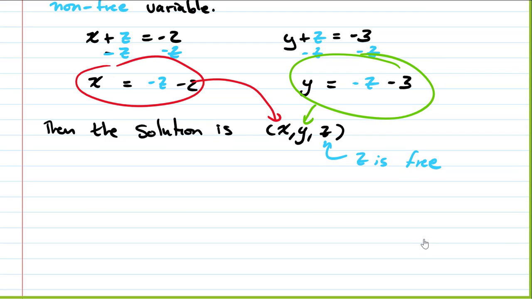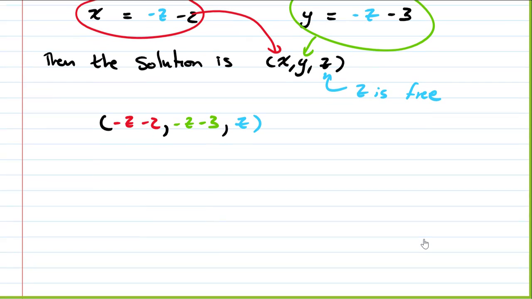So then our solution looks like this. We have -z minus 2, because that's our x. We have -z minus 3, because that's our y. And then we have z, because it's free. This is our solution for every value of z.